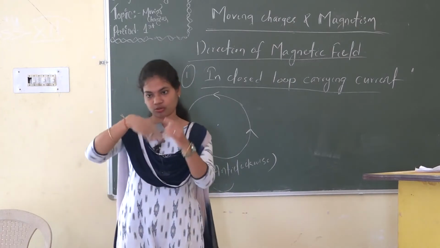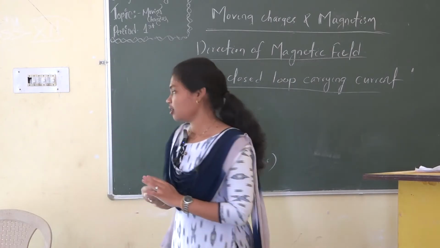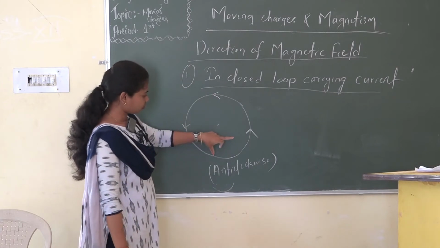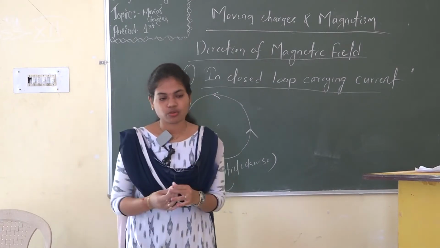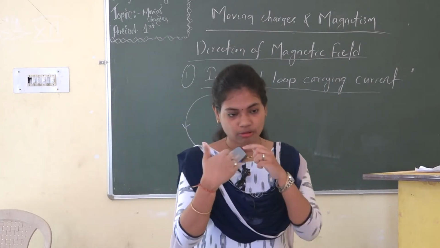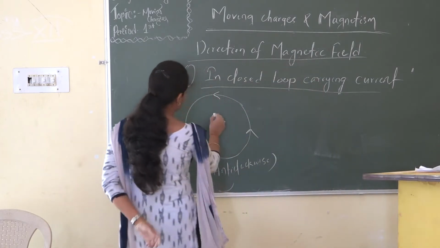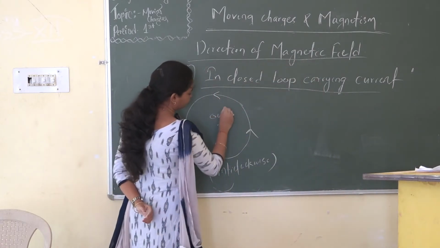When we flow the current in anti-clockwise direction, we have to open the screw in outward direction. Anti-clockwise means outward.